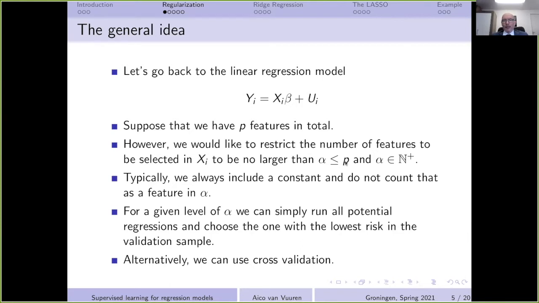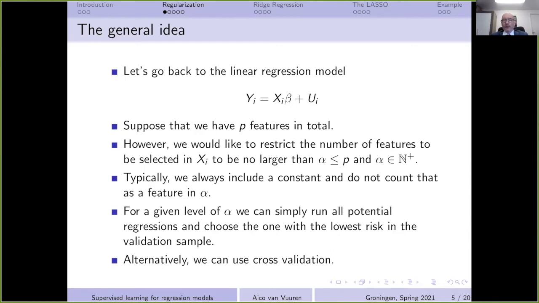And then based on that, we can choose that particular model that is going to give us the best predictive power. That's either going to give us the lowest validation risk in a validation sample, or alternatively, we can look at the cross-validation risk at the moment that we do cross-validation with respect to the training sample.